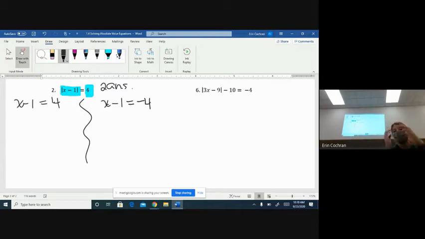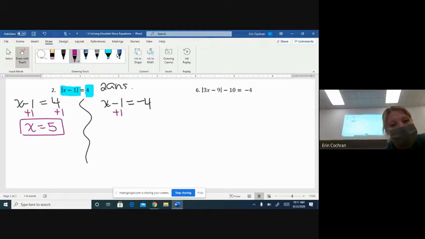Now, how do I solve for x here? Add 1 to both sides. So x equals, and 4 plus 1 is? And then the other side, plus 1 again. We always add 1, and x is going to be -3.